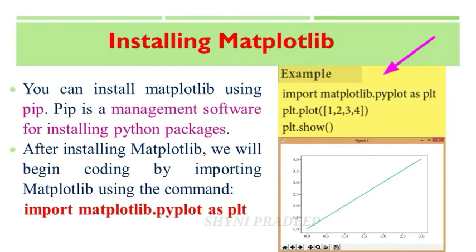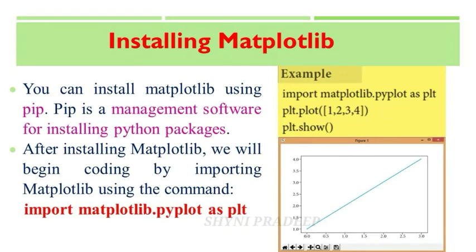After that, write the code. See this example. First line is importing matplotlib library. To display your plot, you have to write plt.show. Before that, enter the plot values. See here, plt.plot 1, 2, 3, 4. Here we have provided a single list of values. But see this graph, x-axis ranges from 0 to 3 and y-axis ranges from 1 to 4.